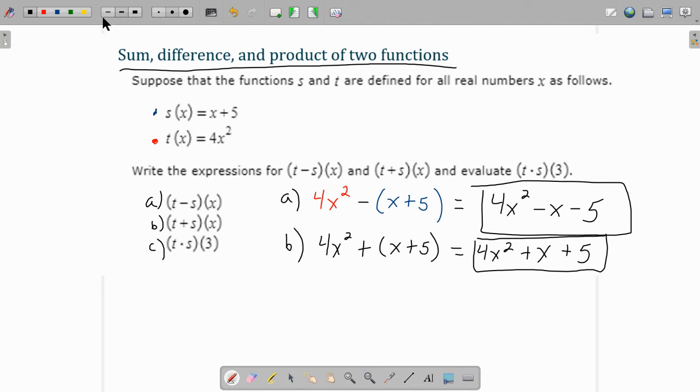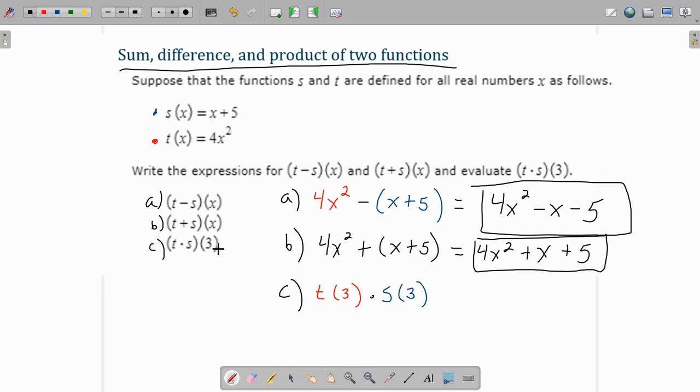And now part C. Part C, they give you a number. So we're going to take t of 3 times s of 3. All right, so we're going to start with the red. We're going to go t of 3 times s of 3.